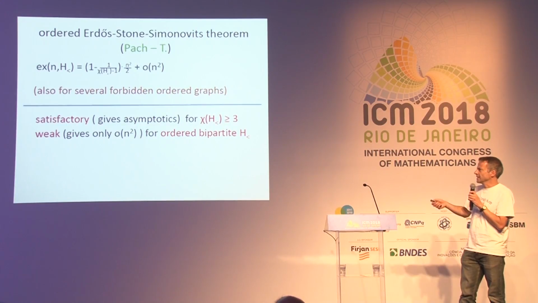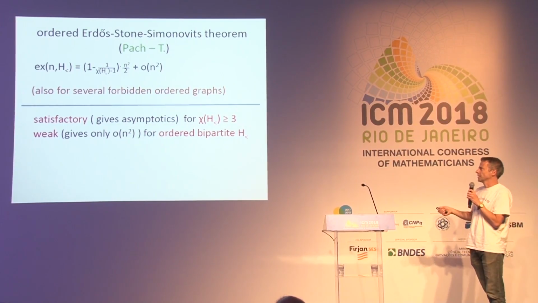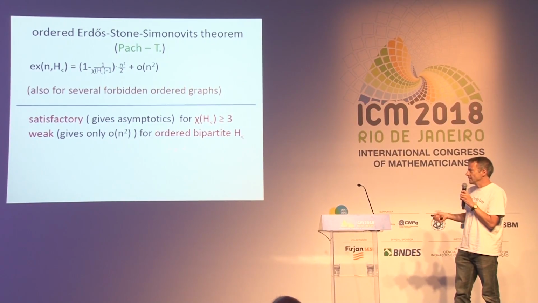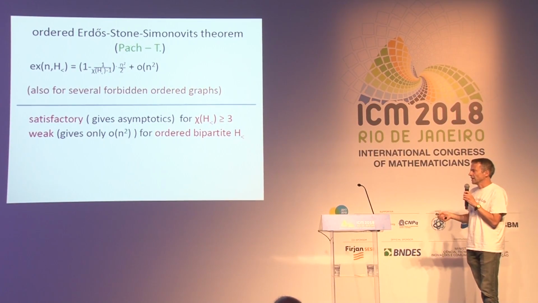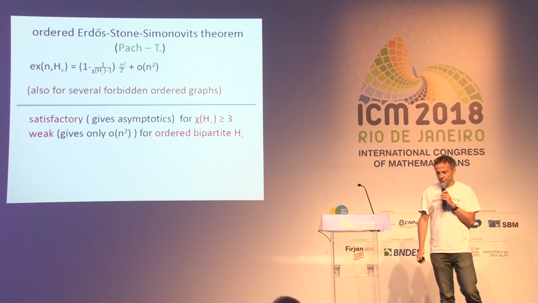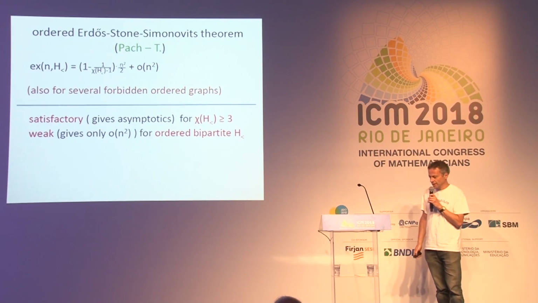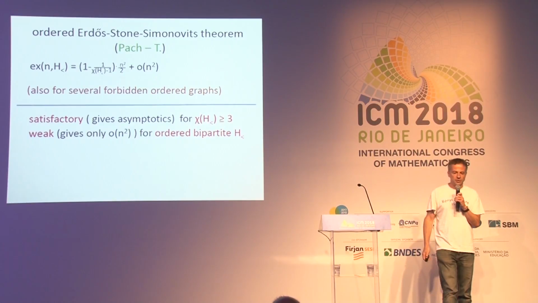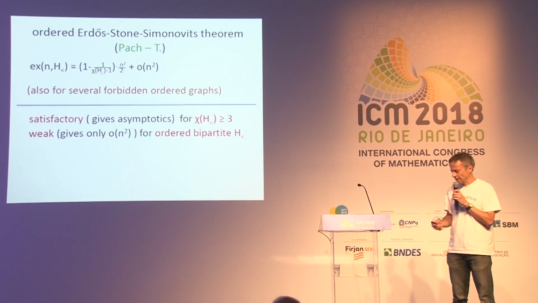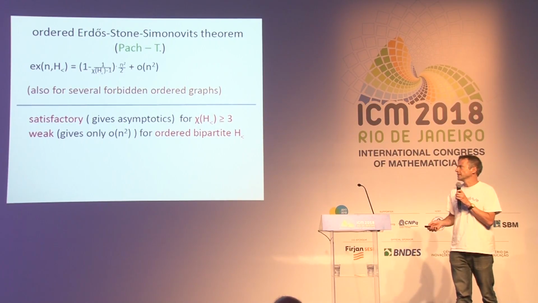Okay, again, this is satisfactory for interval chromatic number at least 3, and it's very weak for ordered bipartite graphs. So we are basically back to the setting of those first 3 papers that I showed where they consider the extremal theory of 0-1 matrices.